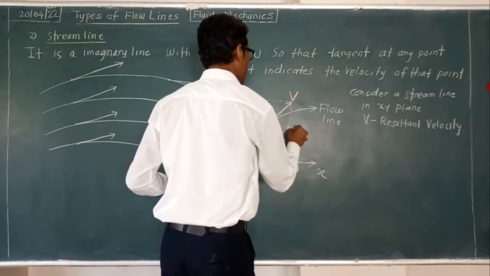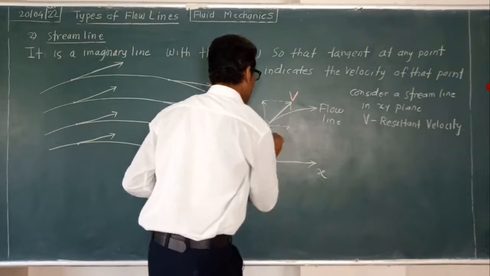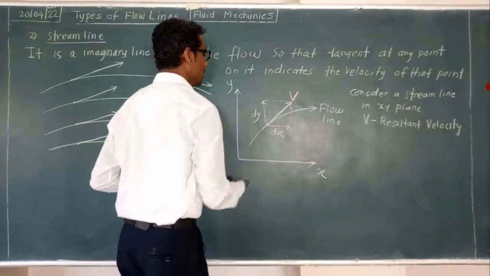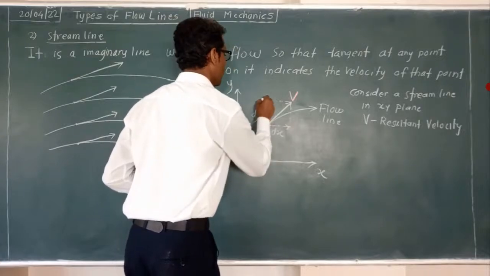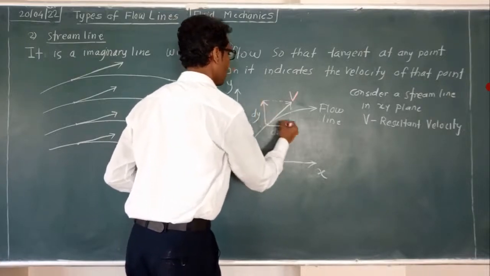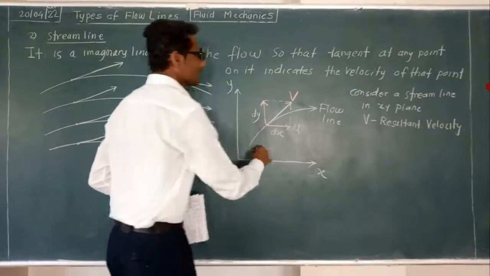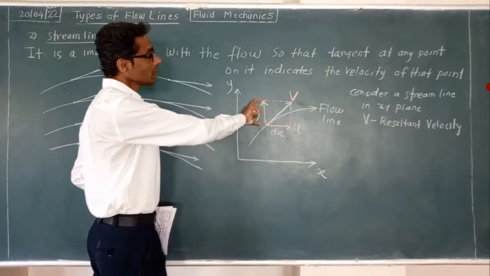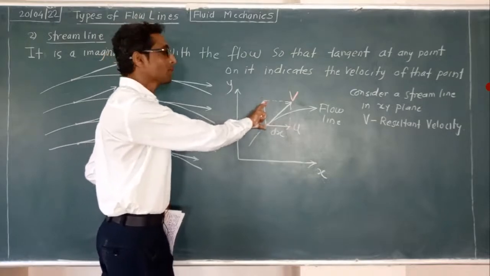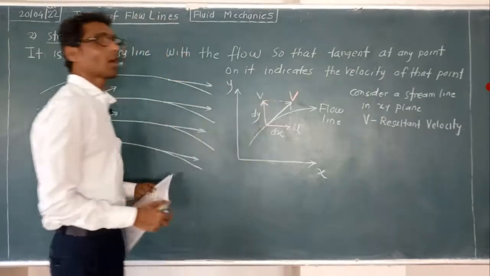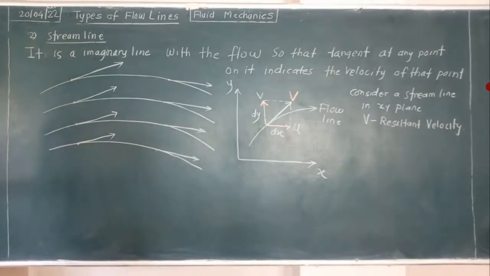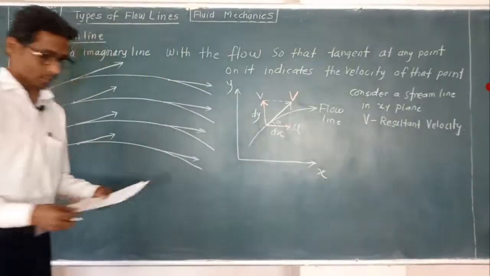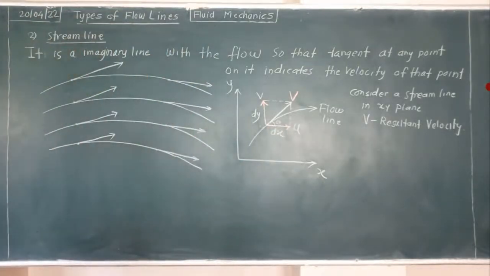This dimension we have taken as dx, and this dimension as dy. Along the x direction, a small dimension dx and velocity u; along the y direction, a small element length dy and velocity v. And the angle made by this velocity vector with the horizontal is theta.